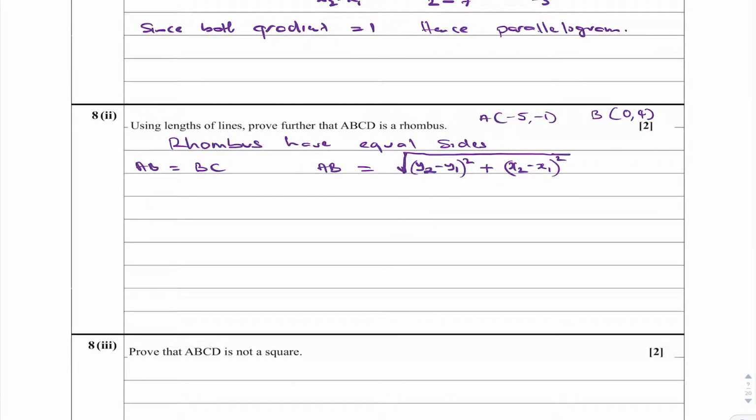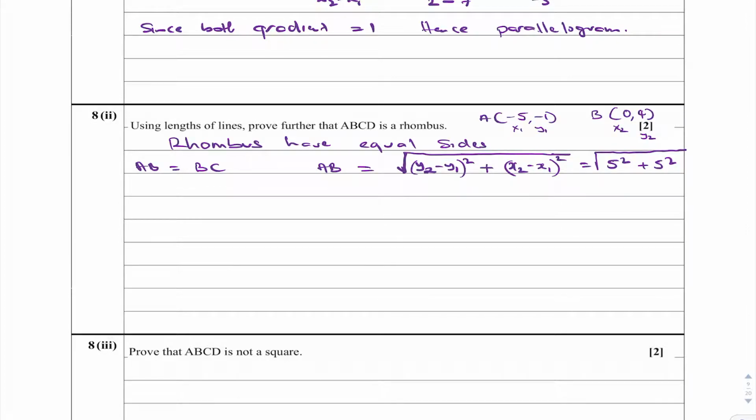So this is x1, y1, x2, y2, and therefore we will get the square root of 4 minus 1, that will be 5, so 5 squared, and the x will be 0 minus minus 5, that will be another 5 squared.